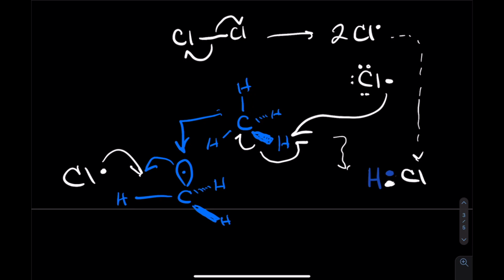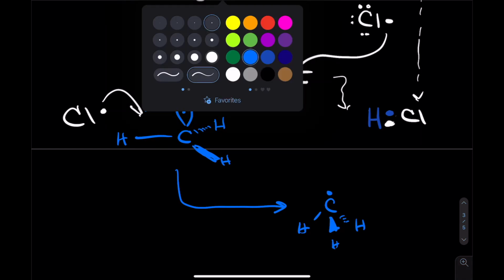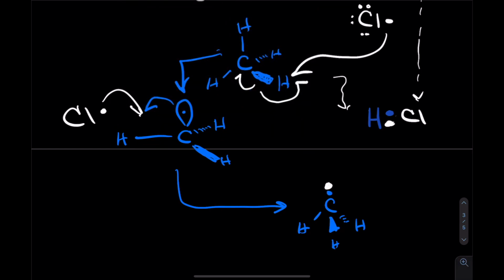And what we end up now is our final product. And that is formed with an electron from the carbon and the original electron from the chlorine. So that's that bond right there, okay?